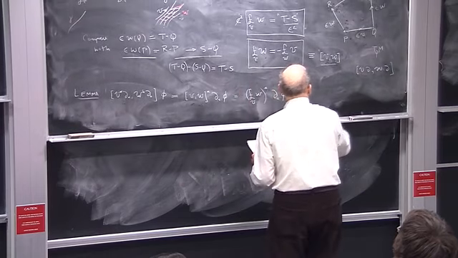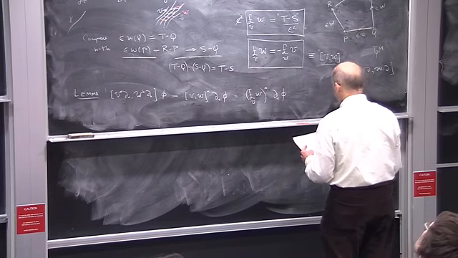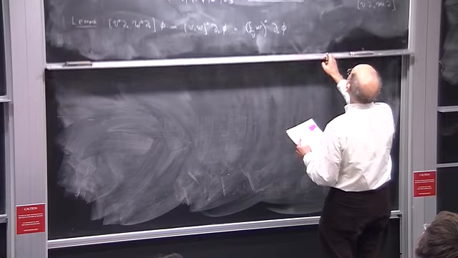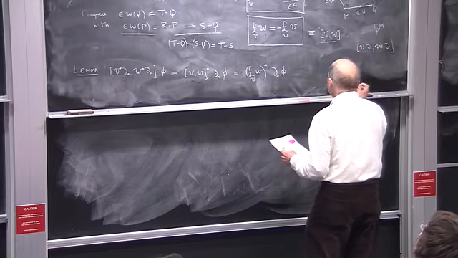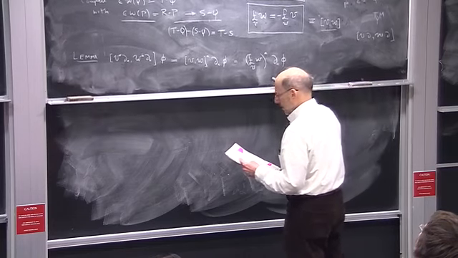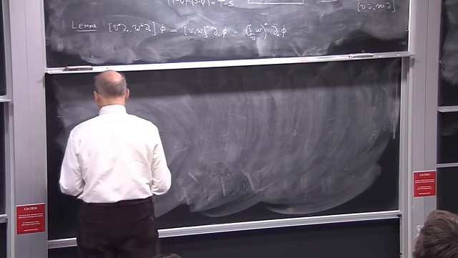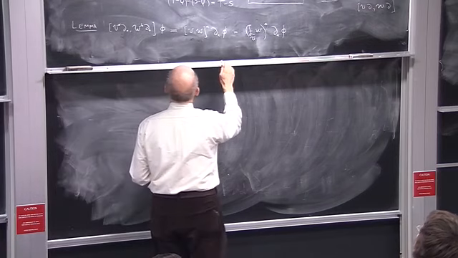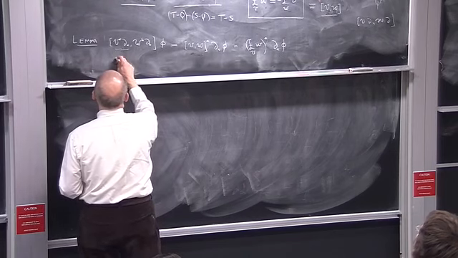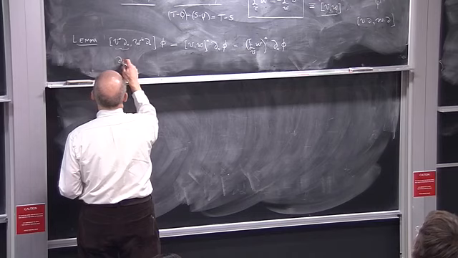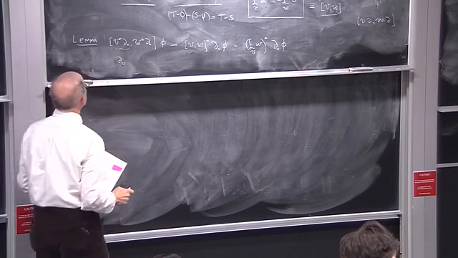So let's look at the picture. I have to do a little calculation. So for shorthand, instead of writing this, just to make the notation a little more transparent, I'll just write the v as a subscript.